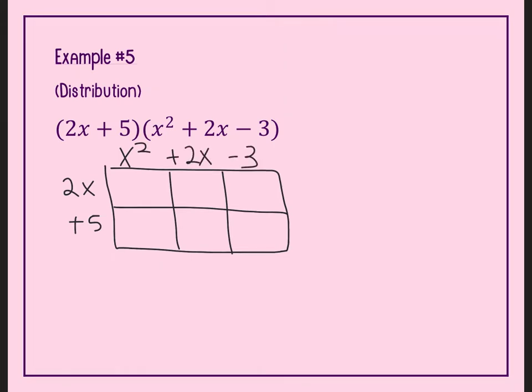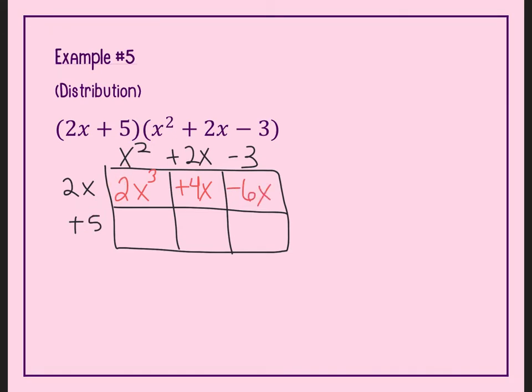So let's fill all the boxes. 2x times x squared goes right here. That's going to be 2x cubed. Now 2x times 2x goes right here. That's going to be a positive 4x. Now 2x times negative 3 is going to be negative 6x.